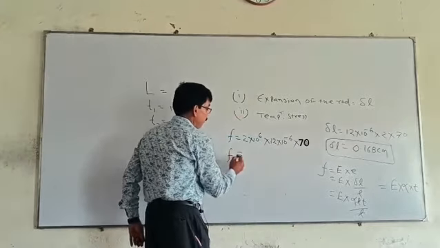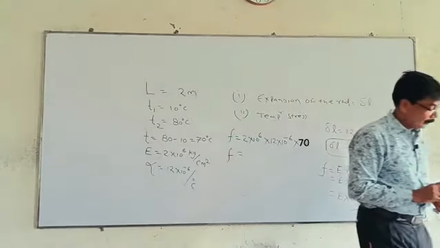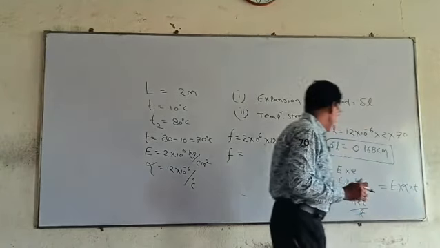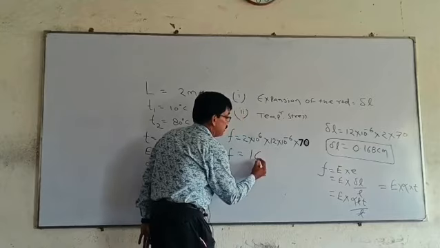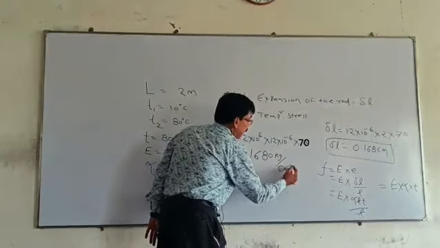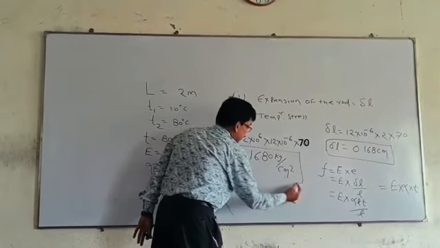So the value of F is exactly 1680 kg per cm square.